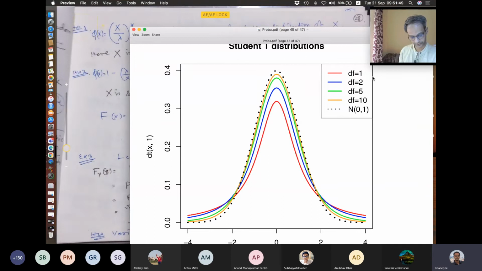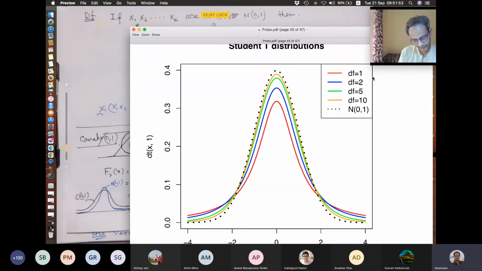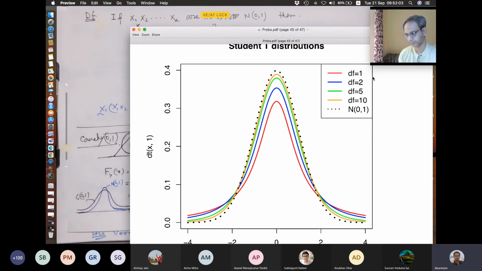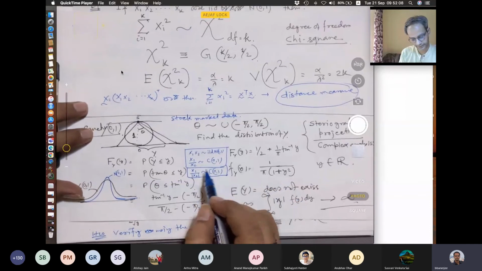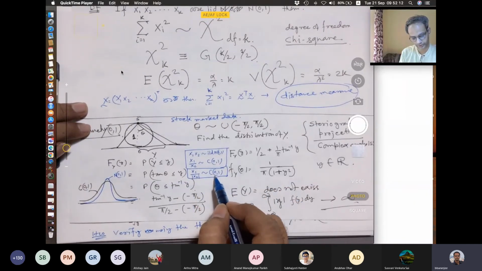When we talked about Cauchy, there is another characterization that x1 divided by mod x2 will also follow Cauchy. A similar proof can be done that x1 divided by mod of x2 will follow Cauchy.